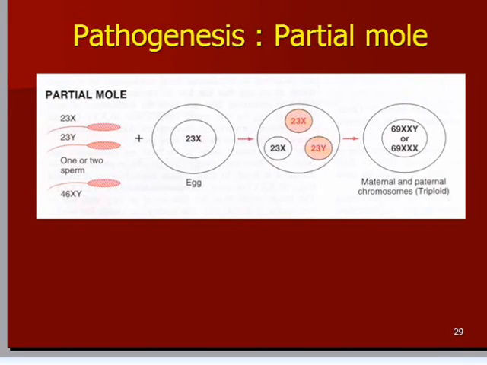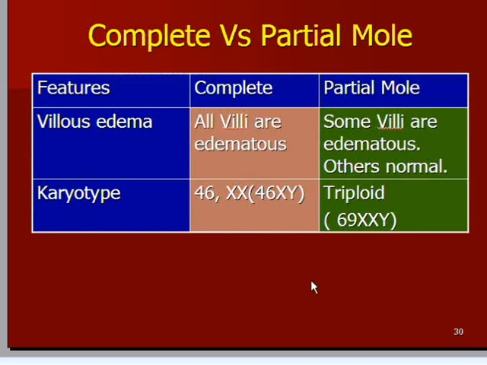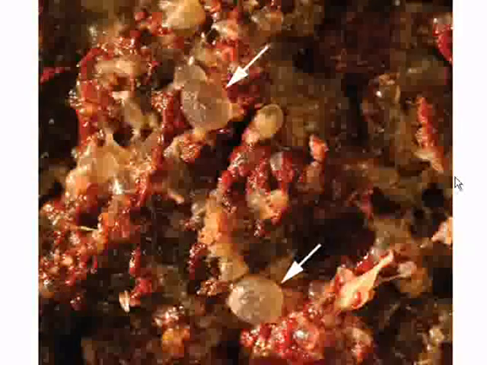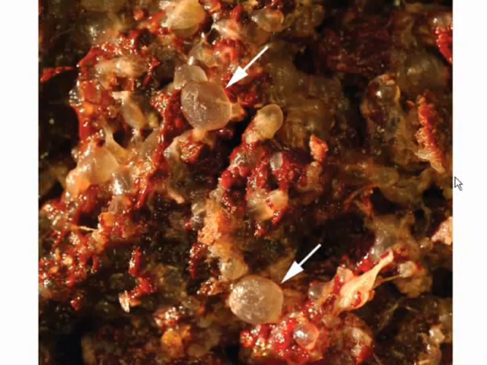So this is a partial mole. Remember, complete and partial mole pathogenesis is a very important issue to understand. Is there any way that we can compare and contrast these two kinds of moles? Let's see. Look at the picture again. What is your impression from this picture? Is it a complete mole or a partial mole?